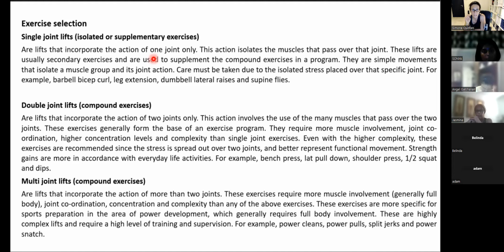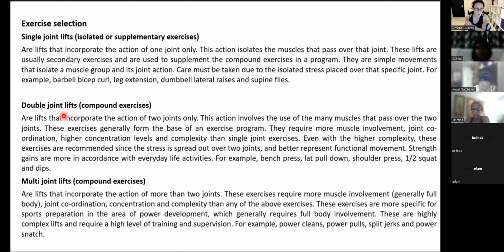When you do double joint or multi-joint lifts, it is possible that your target muscle would be able to do a bit more, but the helper muscles are tired from a previous exercise. On the other side, double joint lifts have the advantage that you have more joints involved, so more muscles, and you can lift much, much heavier.